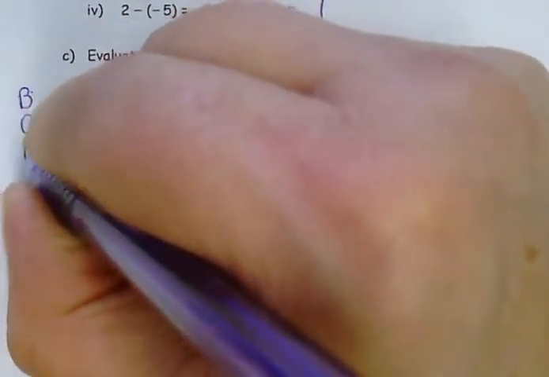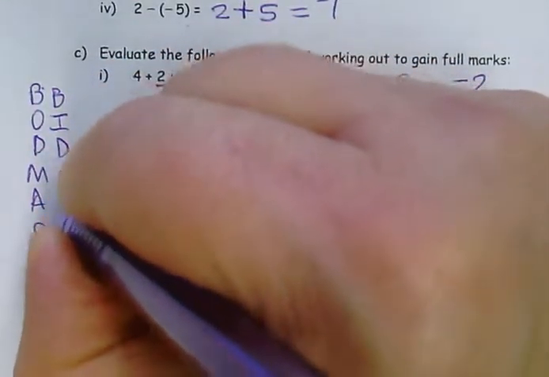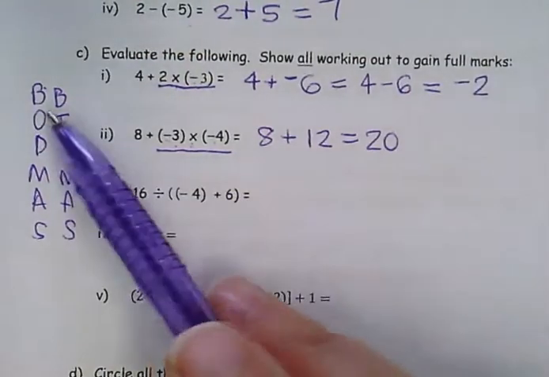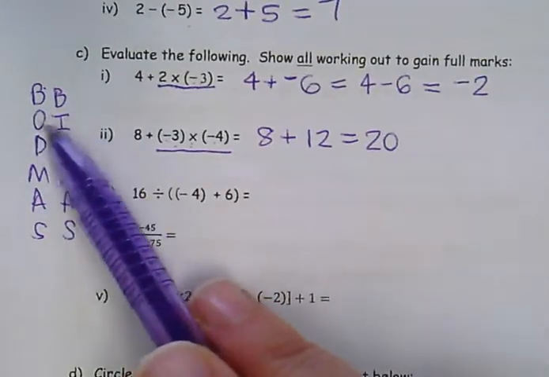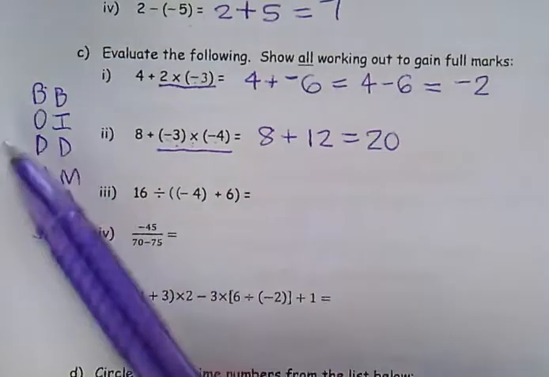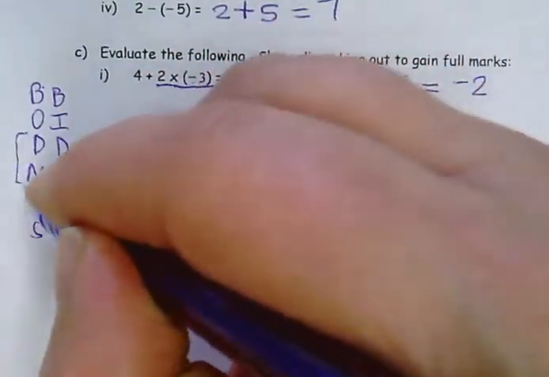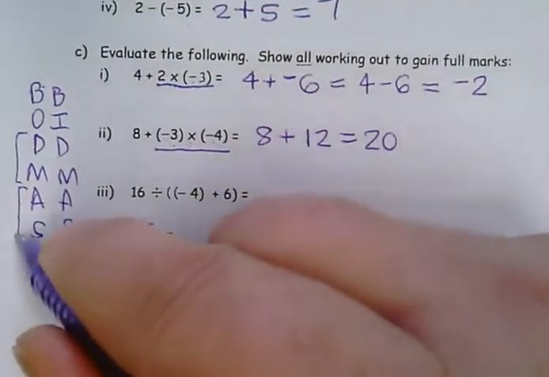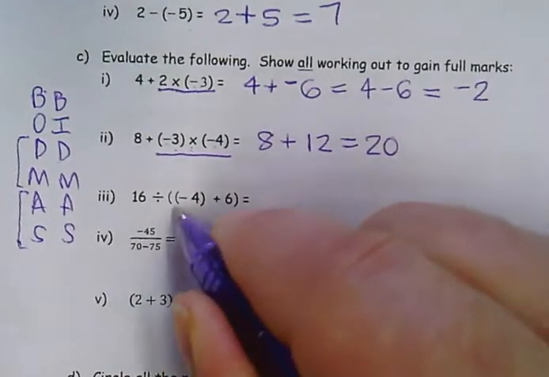Remember, we've got BIDMAS or BODMAS, doesn't matter which one you use. Brackets first, operations like square root or indices next, and then division, multiplication go together, and addition, subtraction go together. So looking here, we've got brackets first.